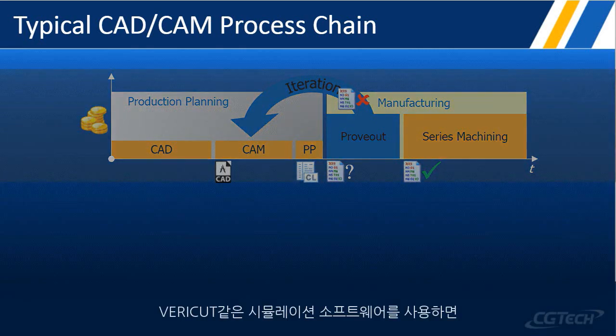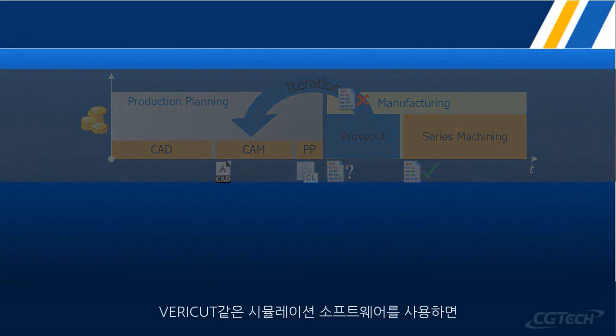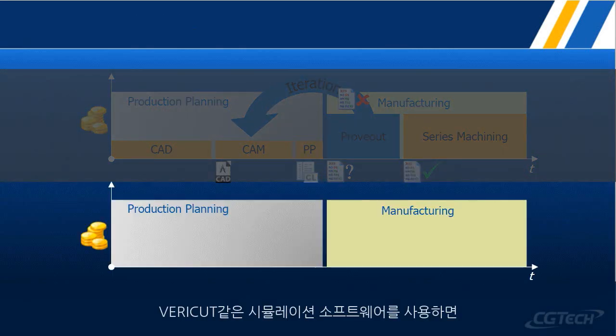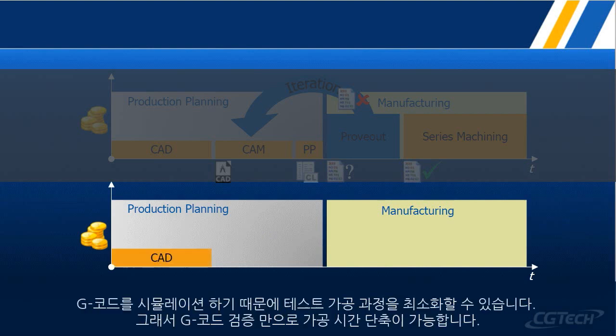Once you introduce some third-party verification, you still have the CAD design, you still have the CAM, except for the CL data post-processed G-code file. Is it good or not? We'll send it into verification and check it.